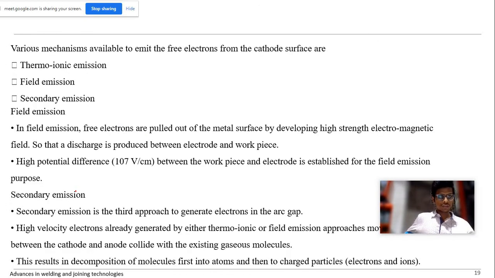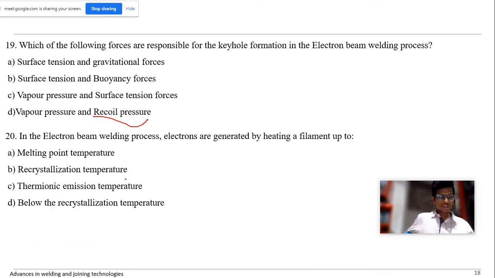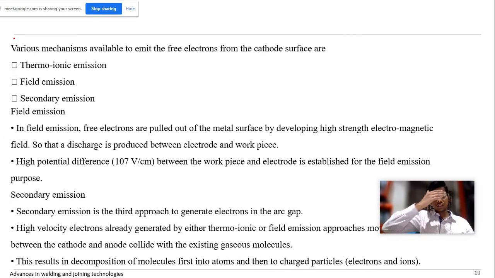Proceeding further, this is thermionic emission, right? Generally we know that if we heat a material above a particular temperature, the electrons will be released from that filament or material. That is called thermionic emission. But apart from that, there are other emissions also: field emission and secondary emission.